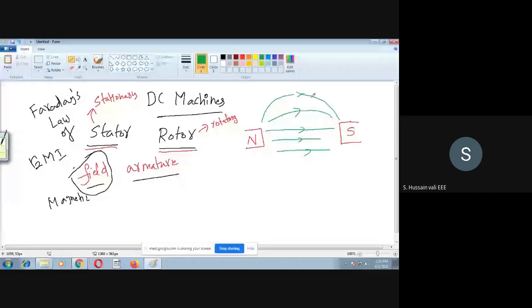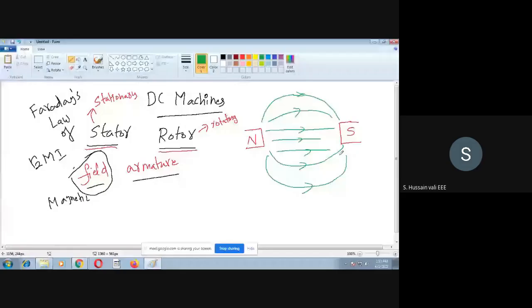Everyone can imagine this thing. So what Faraday's law says is that when you have north pole and south pole, and in between there are flux lines between north and south pole.